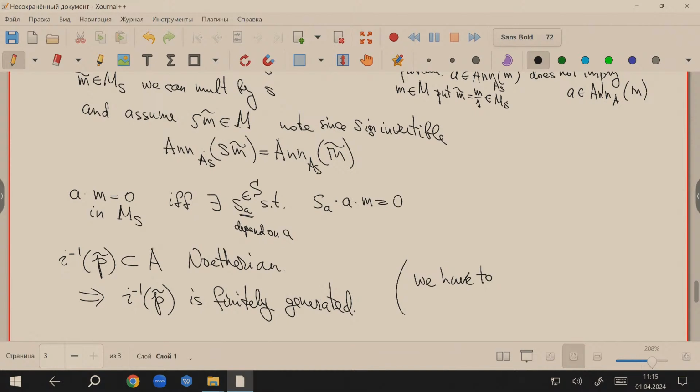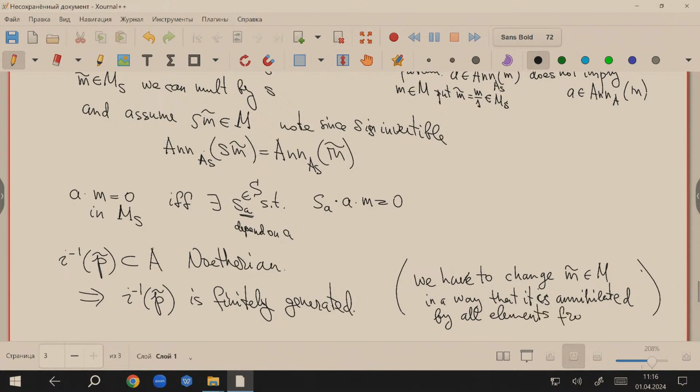But now we shall change M again, in order that M tilde will again be annihilated by this preimage inside M. So we have to change M tilde in a way that it is annihilated by all elements from the inverse image of P, and this is done as follows.